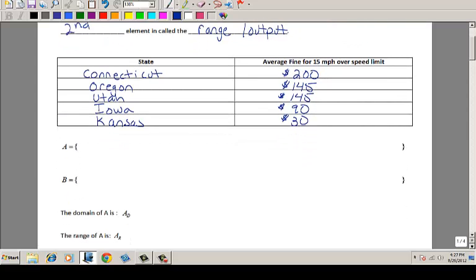So let's build two relations from this data. The first relation, we will call it relation A, is going to be the set. These brackets let us know that we're going to deal with a set of the following ordered pairs. My input or domain value will be the state. My output or range value will be the fine.